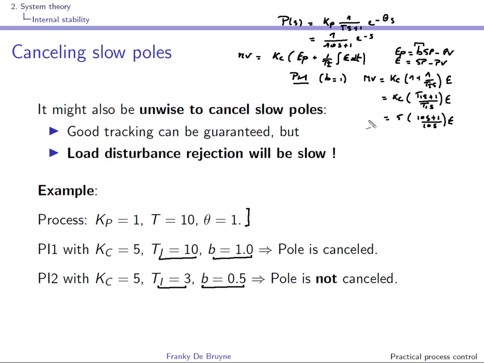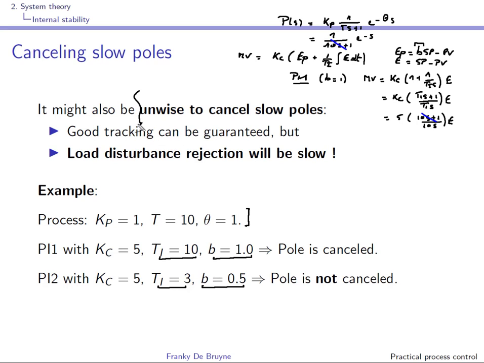So what you can see over here is that there is a cancellation of the process pole, right? And this will not be the case for this second PI controller. And what we will see is that we will have a good tracking performance.